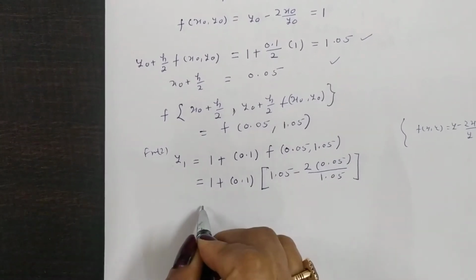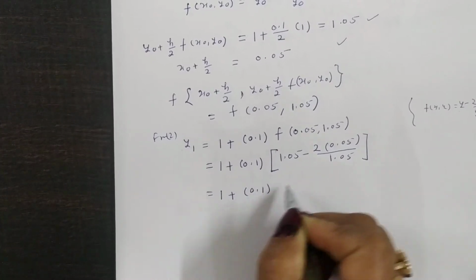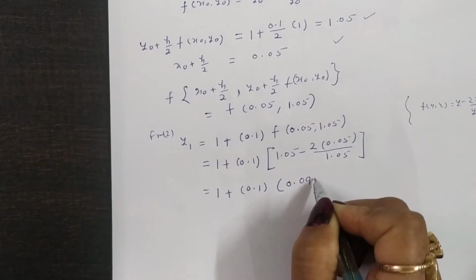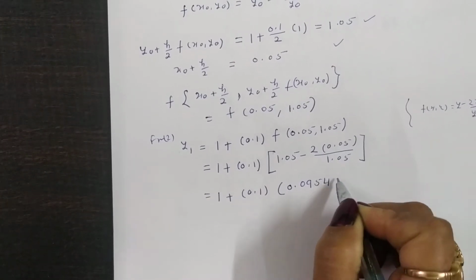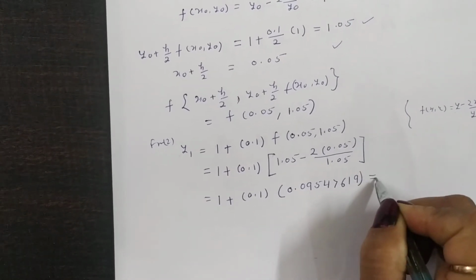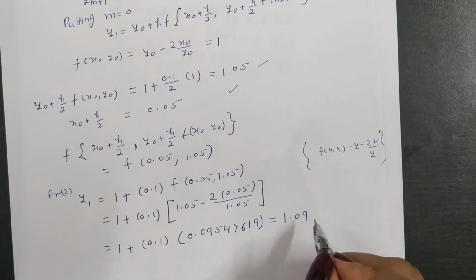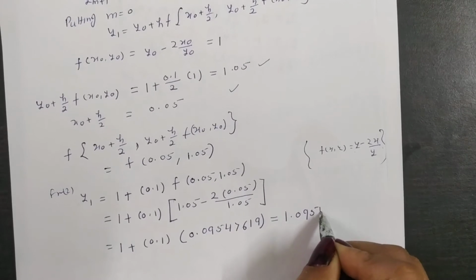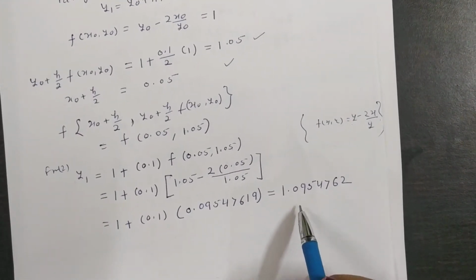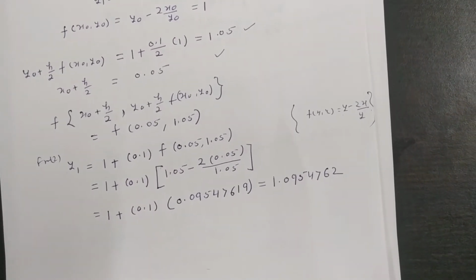Okay students, if you calculate this value from the calculator, you get 1 plus 0.1 times 0.09547619, and again you get 1.09547762. Okay students, this is the value for the first one.